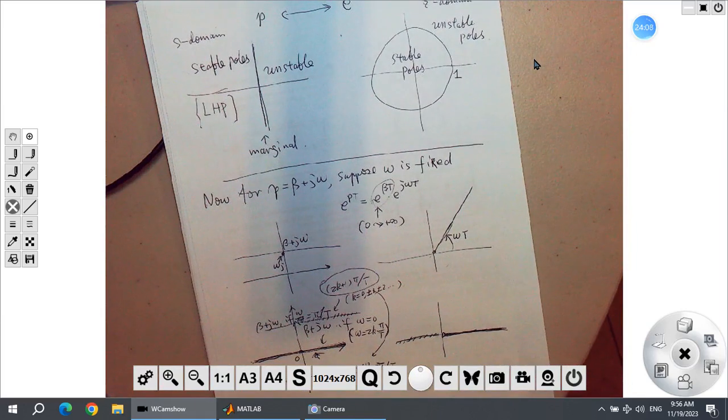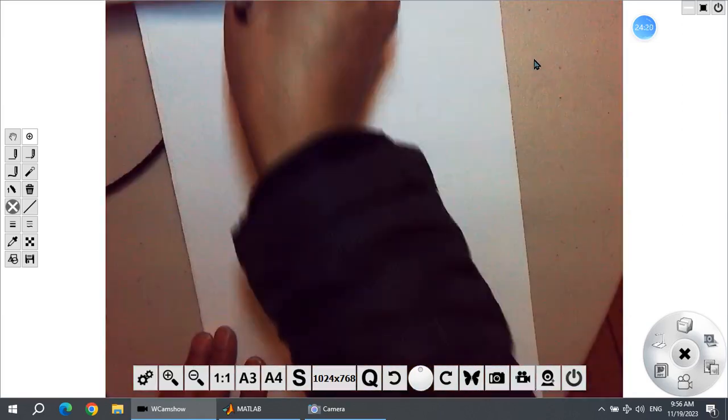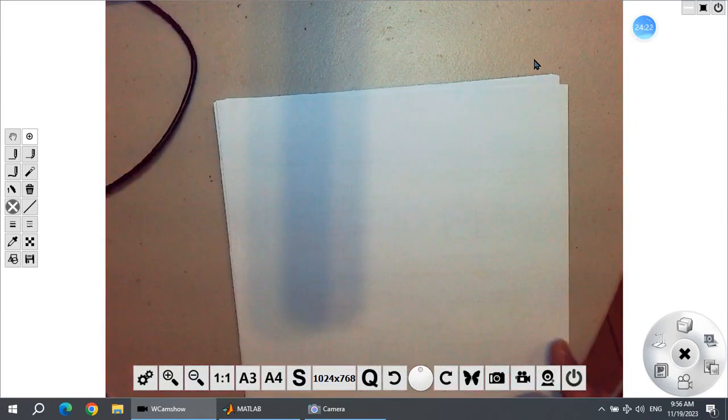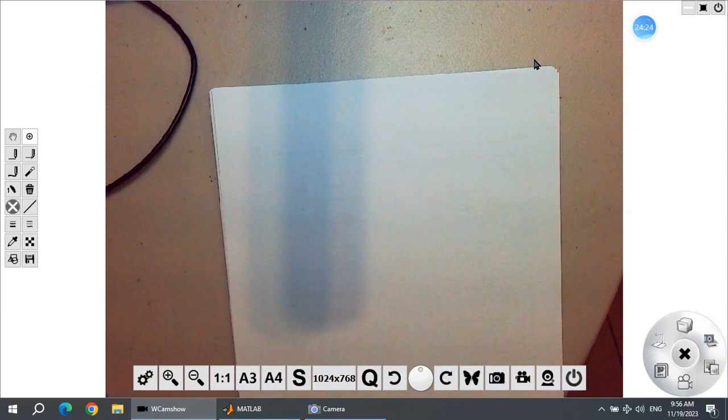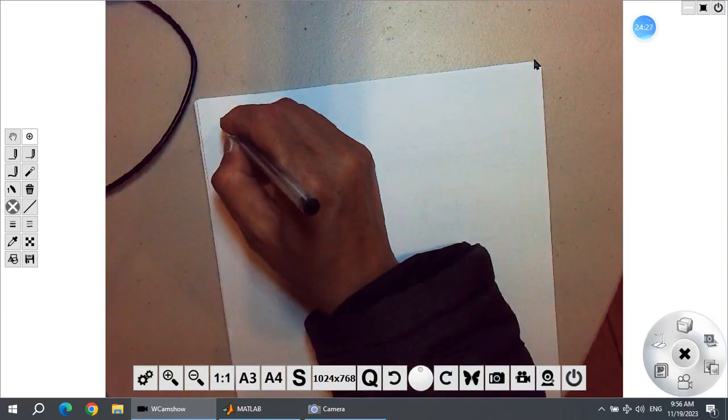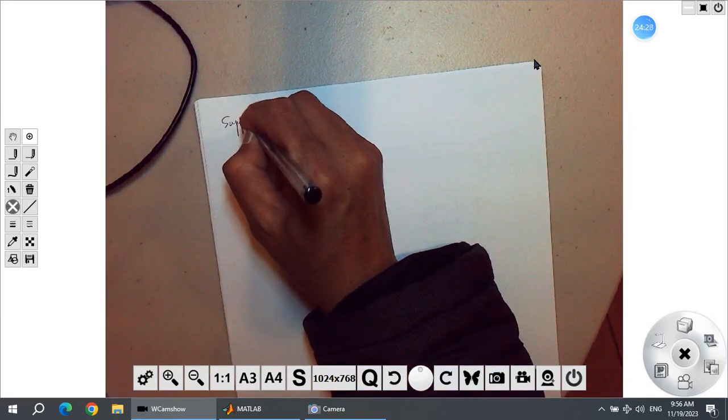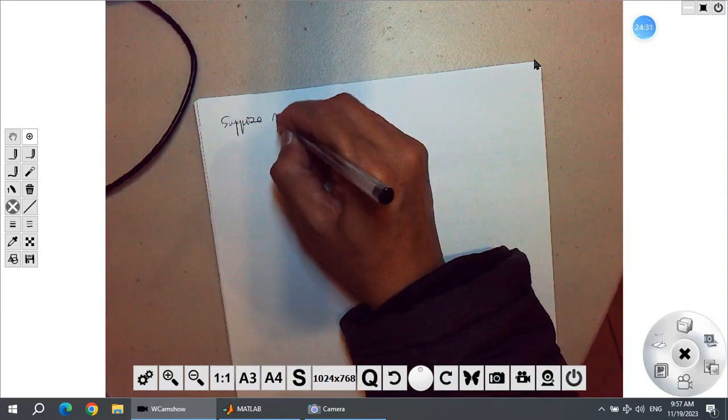Okay, next we can see the last one. We go to the pole and zero we did in the continuous-time system, right? We suppose the pole is a complex case.